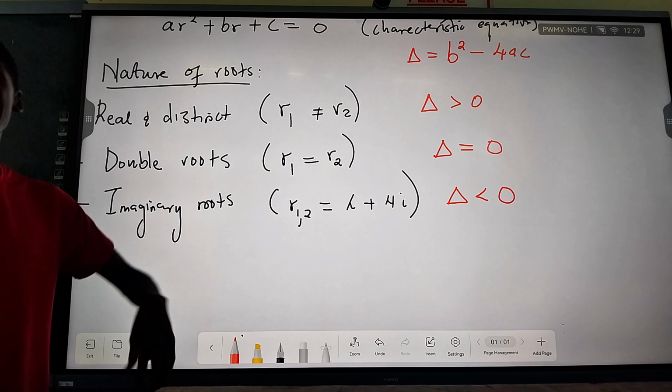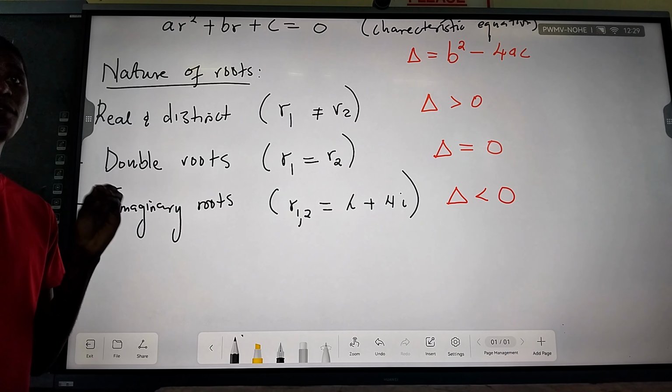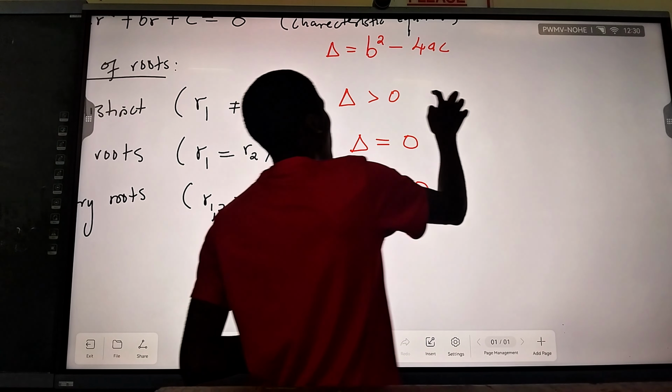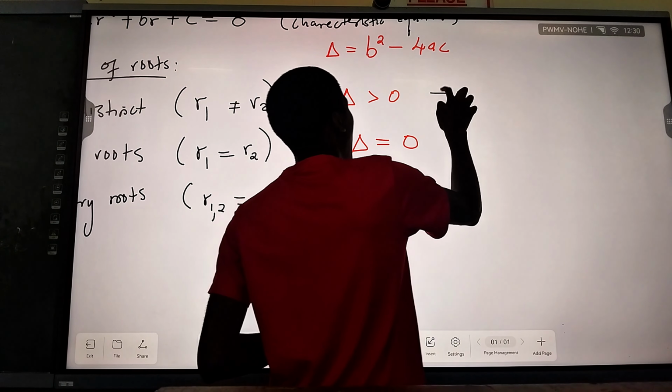Shuthi, if it happens again now you find out that your roots are real and distinct, how do you find the solution yakho? The solution of a homogeneous differential equation, a second order with real and distinct roots, is given by y at t, or y at x is fine. Use whatever dependent variable efunayo. Uzothola a constant c1 e to the power of the first root. Angisho we've got real and distinct roots.